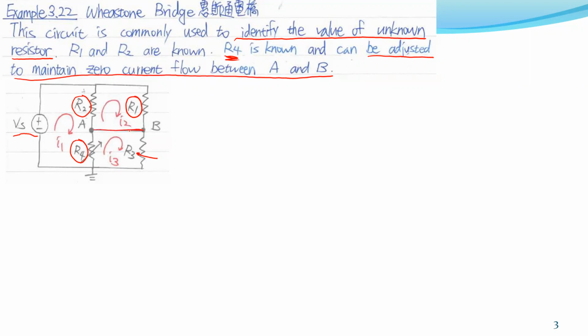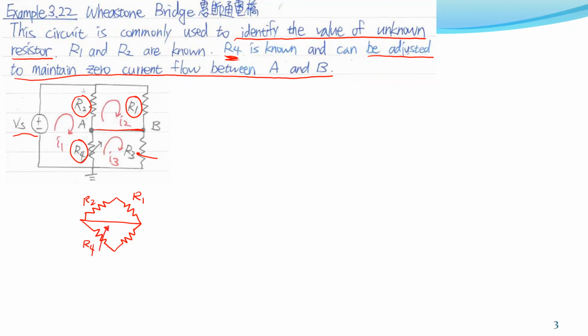Some people also draw the configuration of the Wheatstone bridge like this. So you may always see a Wheatstone bridge like this. This is R1, this is R2, this is R4, and it can be adjusted.